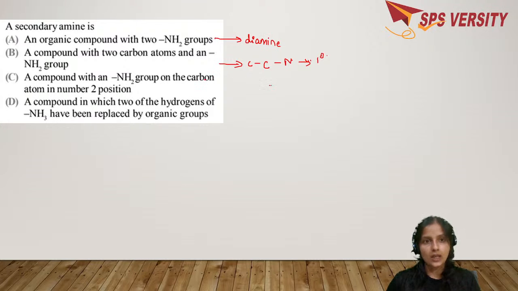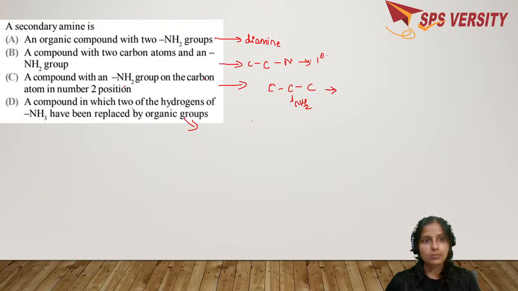A compound with an NH2 group on the carbon atom which is in the number 2 position. So you have this and then you have NH2 over here, and NH2 group on the second carbon. This is not called a secondary amine. Can you call it a secondary amine?